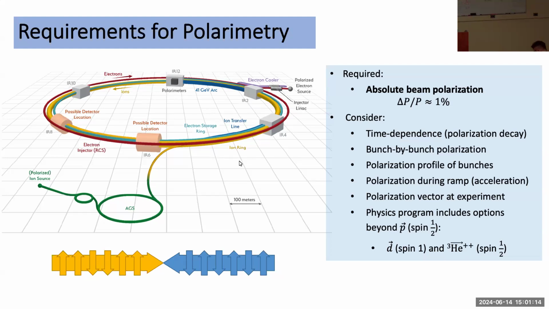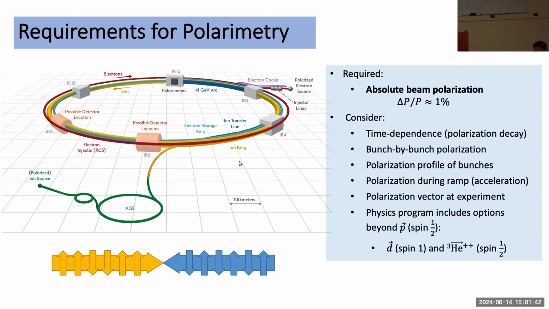It is known that the bunches have a polarization profile, both longitudinally and transversely. One needs to know this, in particular when you collide the beam with electrons, because the electron beam is tiny, and depending on where you hit the proton beam, you really need to know what the polarization is at that location. That's why you need the profile.